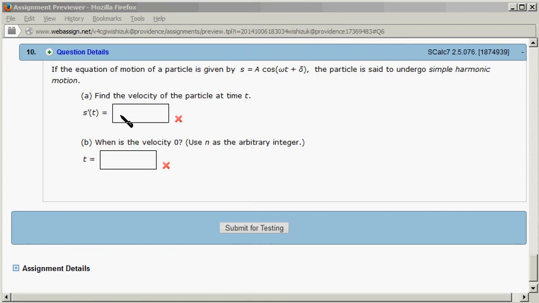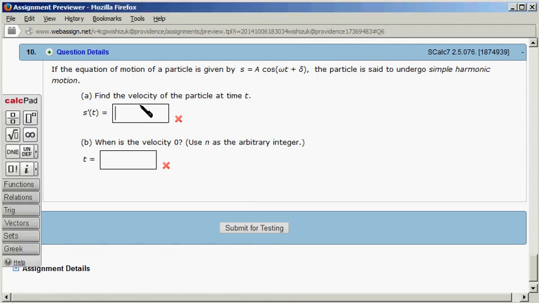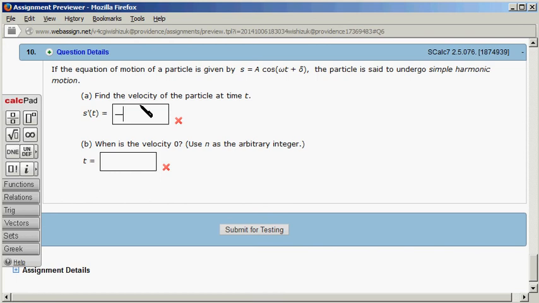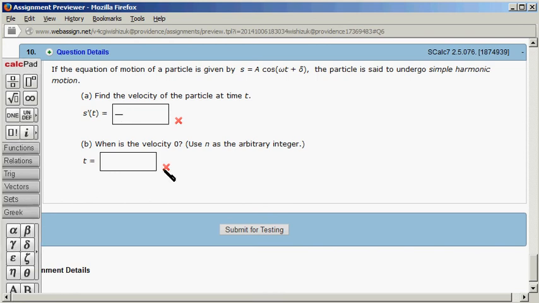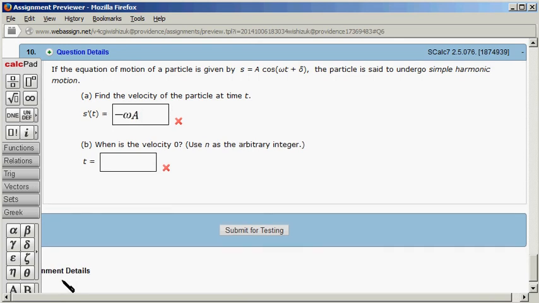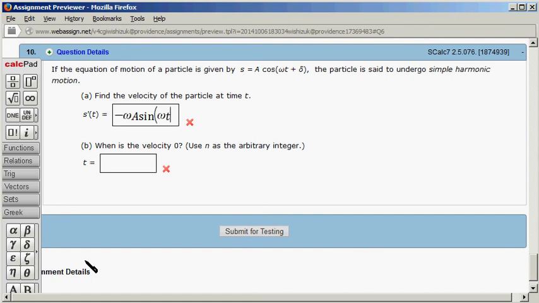The velocity we found was negative omega A sine of omega t plus delta, so we enter that here.